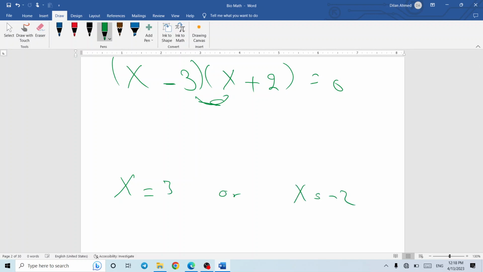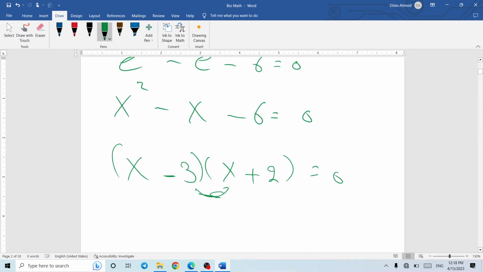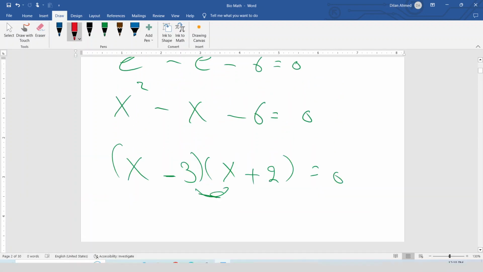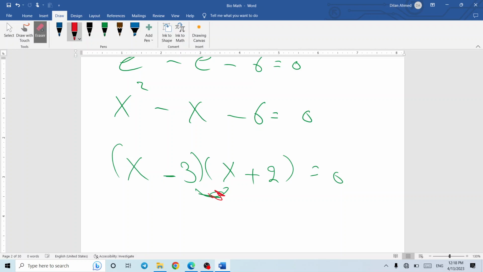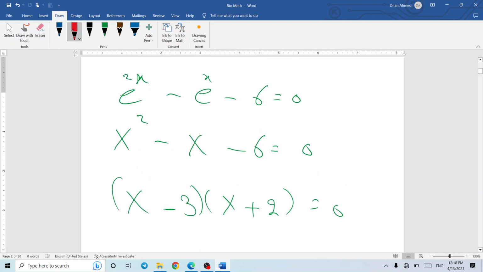Am I right? So depending on this step, I'm going to tell you that e to power 2x looks like x squared. So it means x equals what? e to power x. Understood?